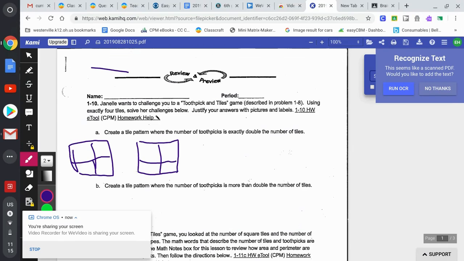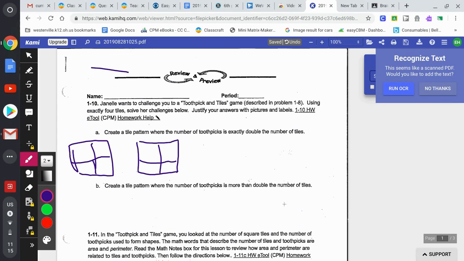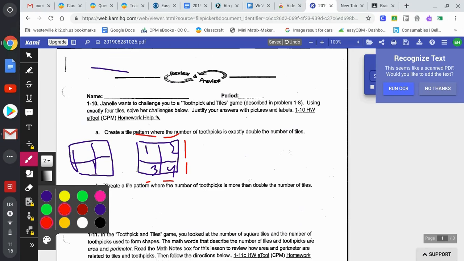Okay, so I have that, and if I counted my tiles, 1, 2, 3, 4, and if I use toothpicks, I got 1, 2, 3, 4, 5, 6, 7, 8. So right there, I have created a tile pattern where the number of toothpicks is exactly double because I have 8 toothpicks. So this would be me using labels, and I have 4 tiles.